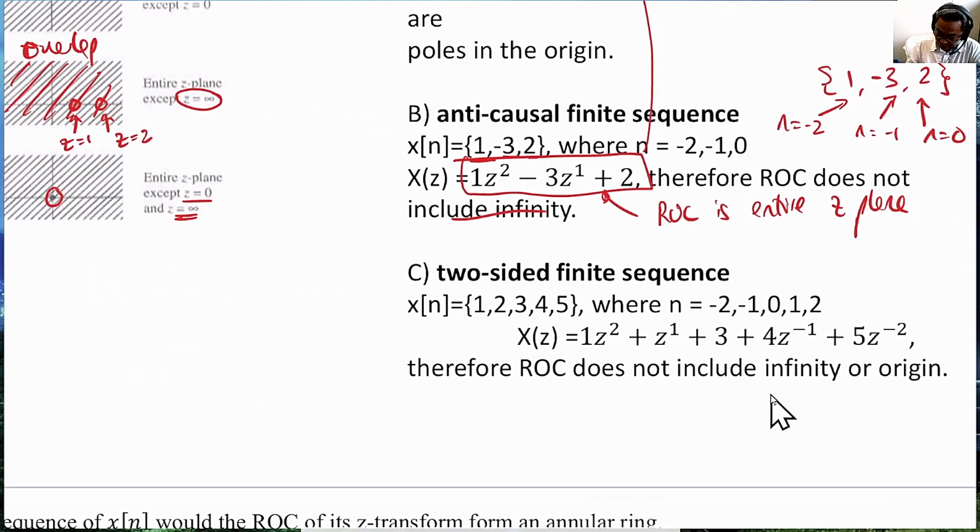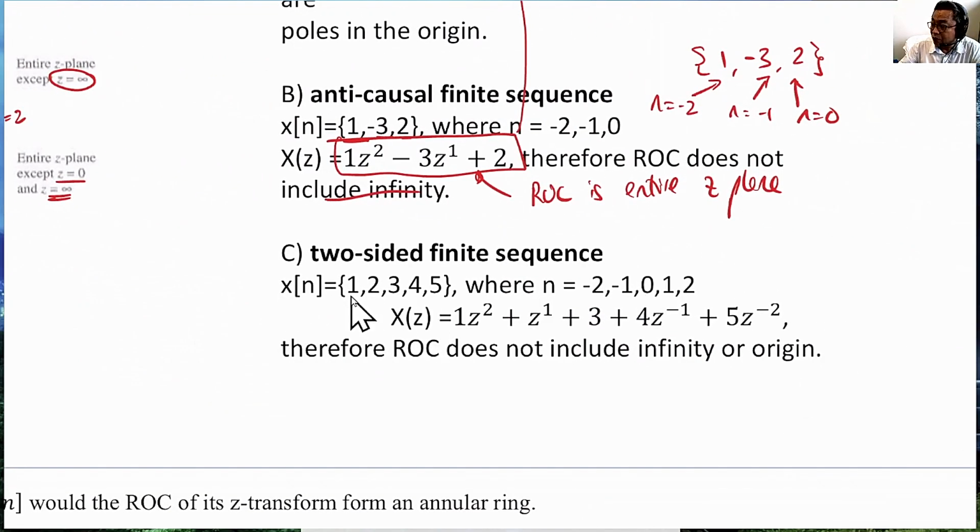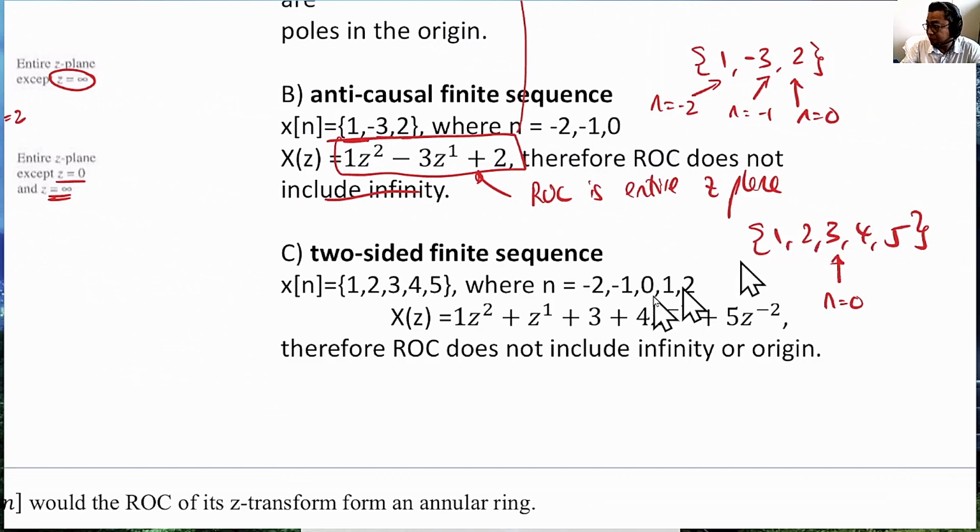So I give you an example. We have 1, 2, 3, 4, 5. Then actually I should write it this way. And to tell you where the index n is, I have that little arrow to say this is n equals 0 for the number 3. Index 1 for number 4, index 2 for number 5, index minus 1 for the value 2, and index minus 2 for the value 1.